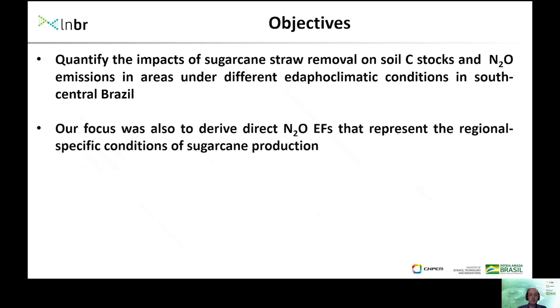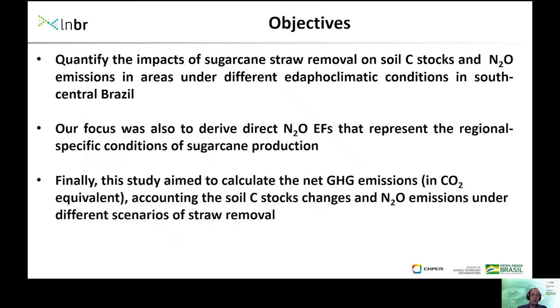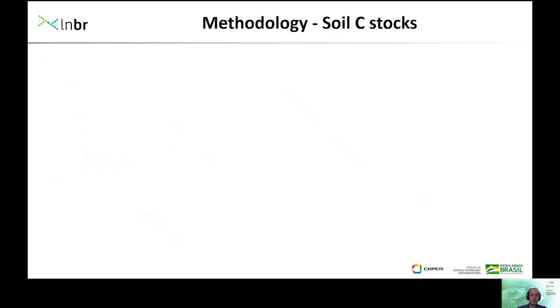The second one is to derive direct N2O emission factors that represent the region-specific conditions of sugarcane production in Brazil. And finally, this study aimed to calculate the net soil GHG emissions in CO2 equivalent, considering the change in soil carbon stocks and also the N2O emissions under different scenarios of straw removal.